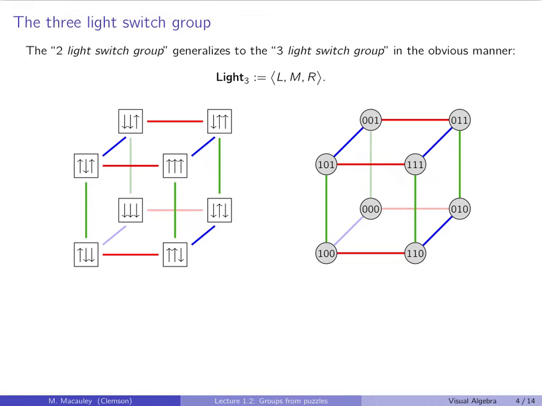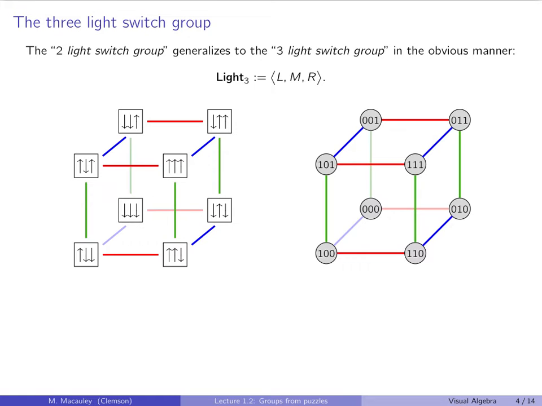The 2 light switch group generalizes to the 3 light switch group in the obvious manner. And this group is generated by L, M, and R, which is the action of toggling or flipping the left, middle, and right switch respectively.